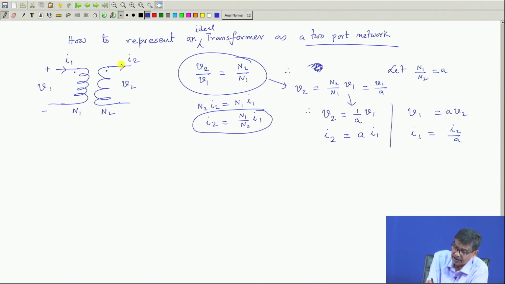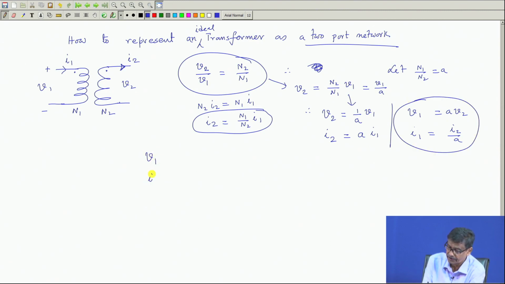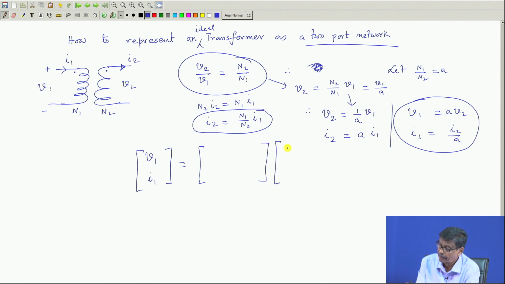Now, the way I have assumed the direction of the currents I1 and I2 like this, I am writing this equation in matrix form: the input voltage and current V1, I1 in terms of the output voltage and current, and the direction of I2 I have assumed like this.